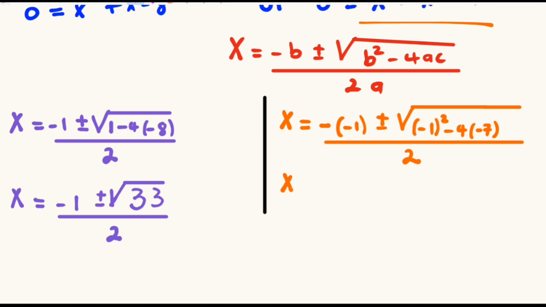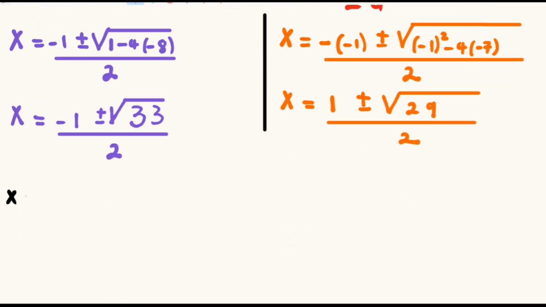So our x will be equal to 1 plus or minus the square root of negative 1 squared, which is equal to positive 1, plus the negative 4 multiplied by the negative 7, which is equal to positive 28, and 28 plus 1 is equal to 29, and this is divided by 2.